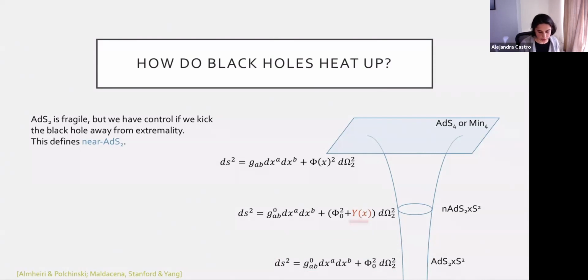So I'm changing the size of the sphere, which will increase the entropy of the solution. And then eventually, if you follow this through, you would get to a solution that has a non-trivial radial profile.